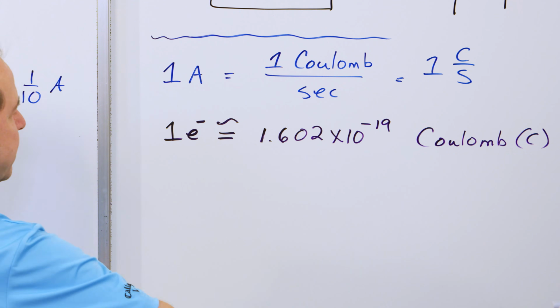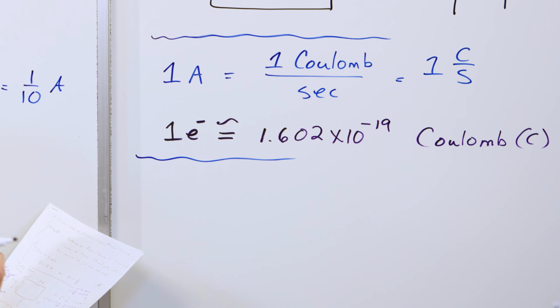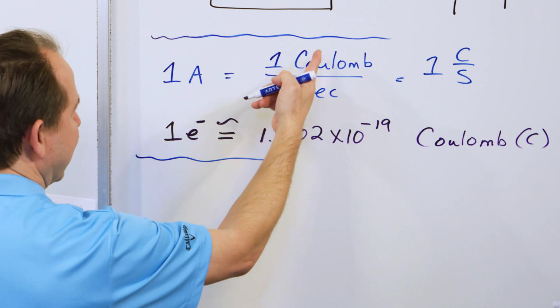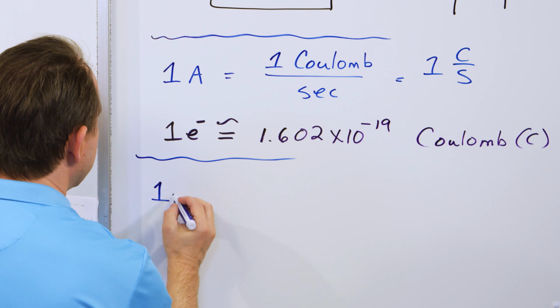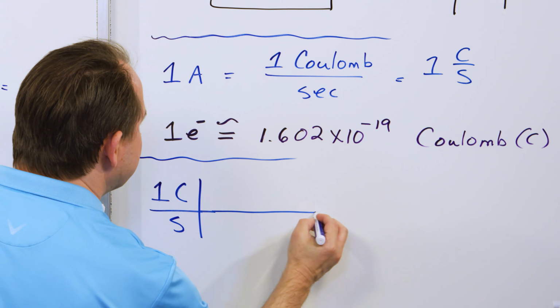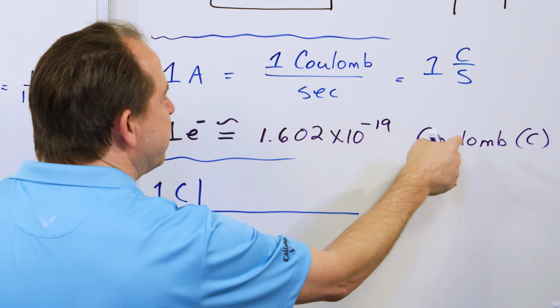So let's do some unit conversion, or dimensional analysis, and we'll understand where all this stuff is coming from. Let's go back to the concept of 1 amp, which is 1 coulomb per second. We learned that 1 electron charge is equal to this many coulombs.